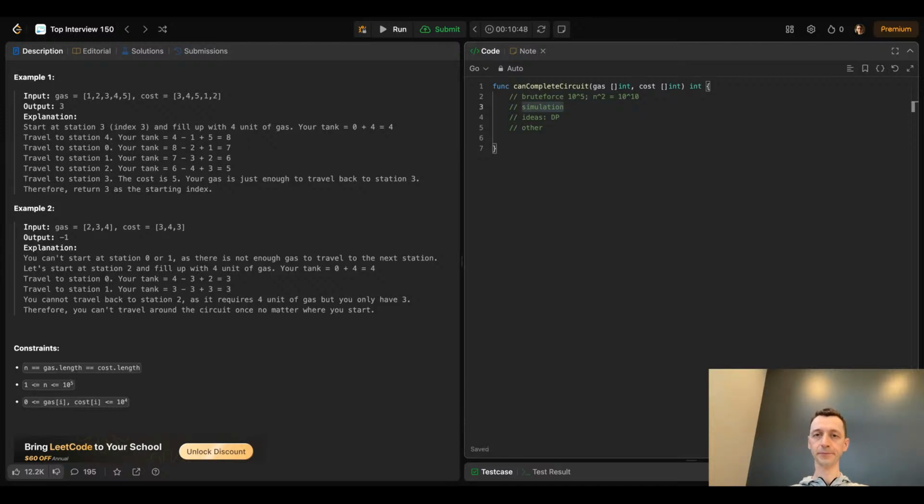That's too long. So just the simulation with brute force is too long.